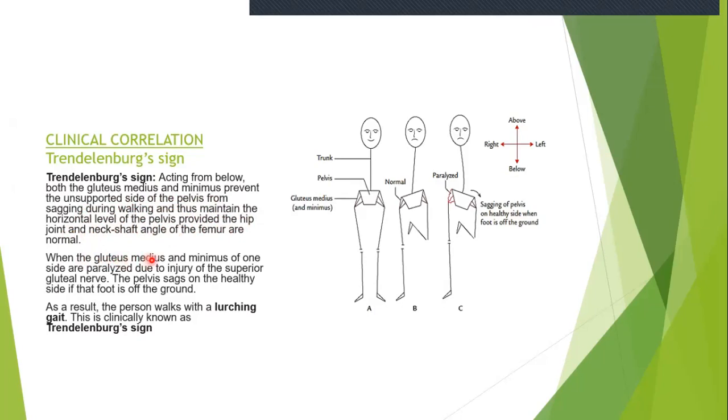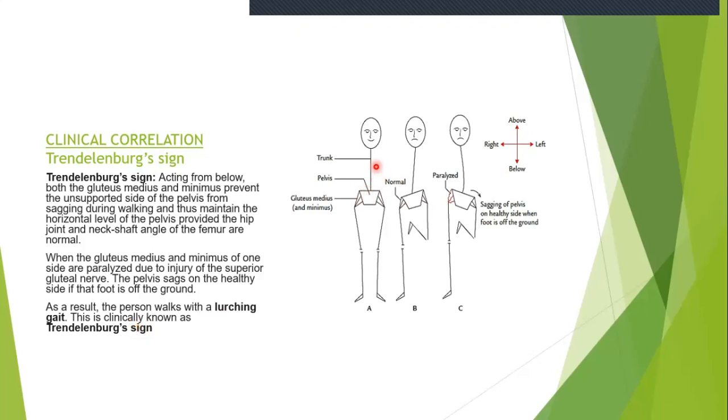When gluteus medius and minimus of one side are paralyzed due to injury of the superior gluteal nerve, the pelvis sags on the healthy side if that foot is off the ground. As a result, the person walks with a lurching gait. This is clinically known as Trendelenburg's sign.